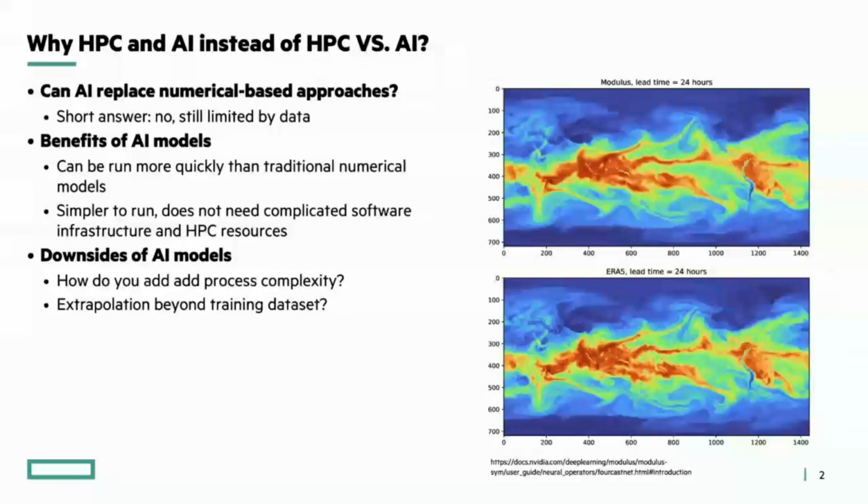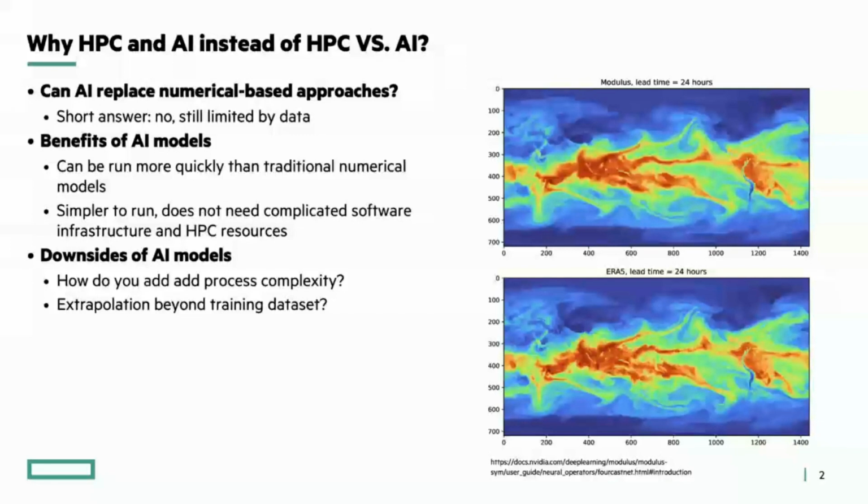So there's this very natural question of, does AI replace our traditional HPC simulation? And the answer is really no. If you ask anybody who is actually training these surrogate models, what they'll tell you is that at the end of the day, all these things are being trained on simulation data.